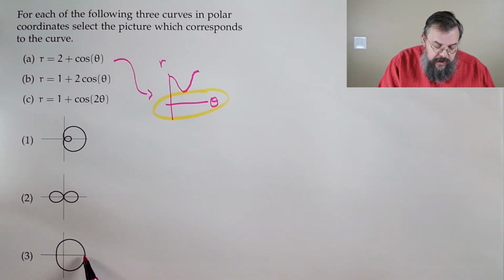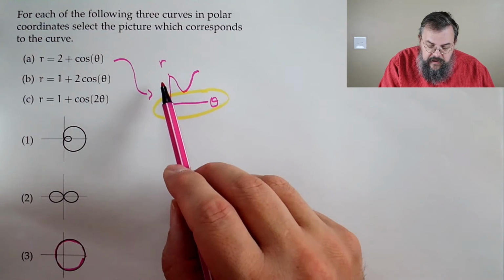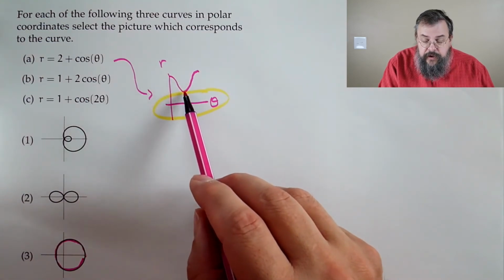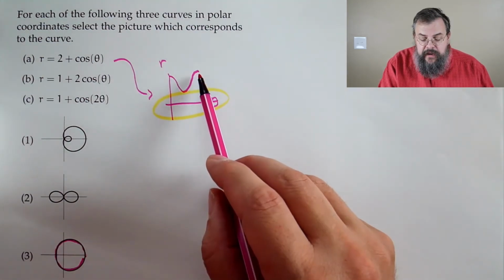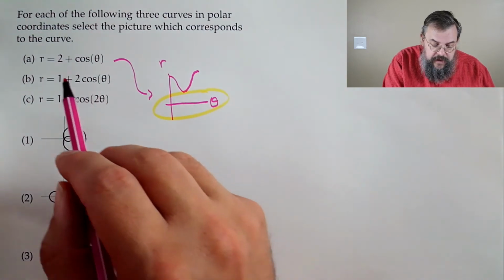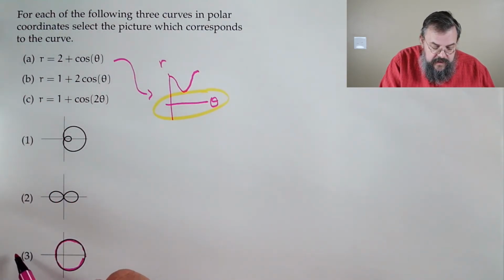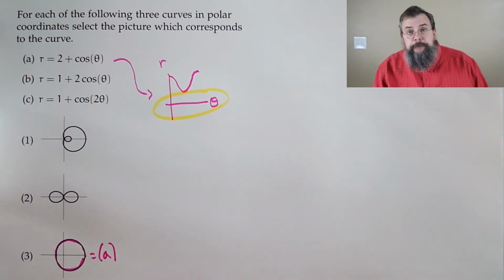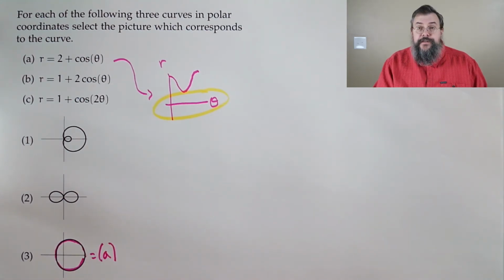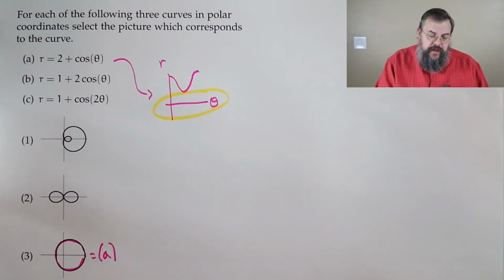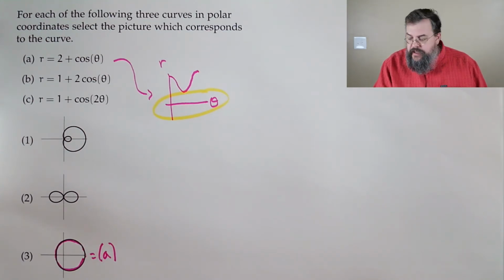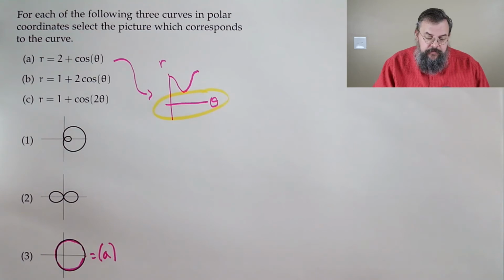We're far away at the beginning, and then we move closer at about halfway through, and then we move back farther away. That's the behavior. So we say, aha, this number 3, that corresponds with A. All right, well, that one's not so bad. Okay, well, let's try another one.